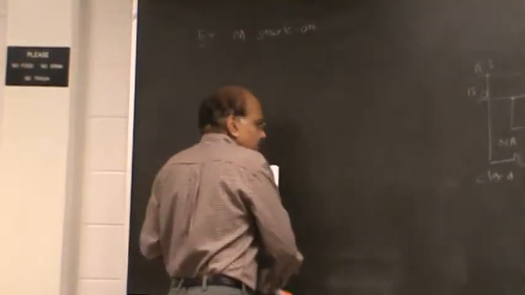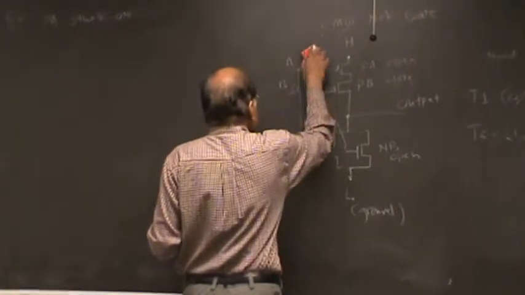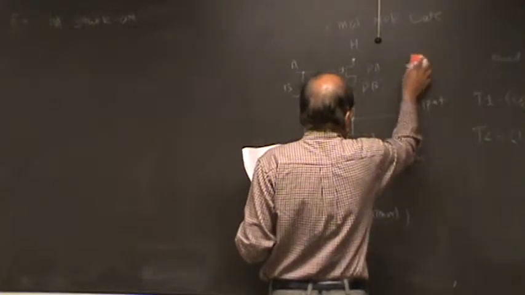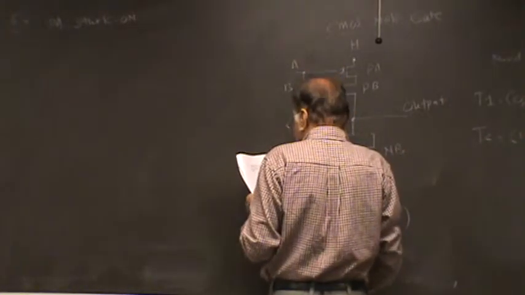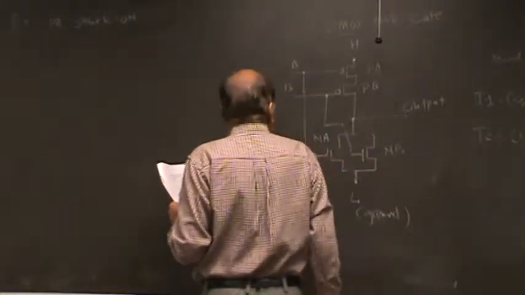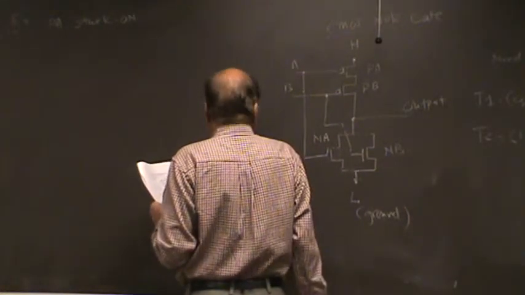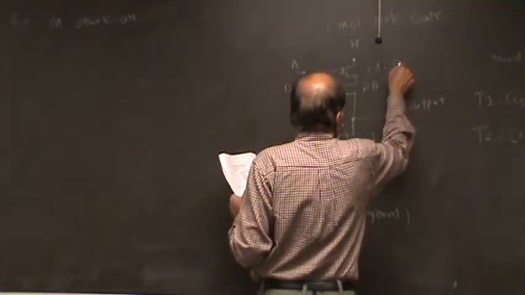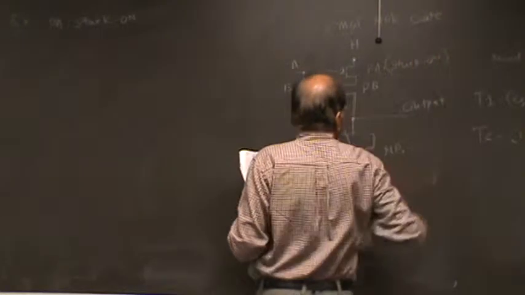Okay, so this is the situation. Actually, I should have drawn a different diagram, so if you're taking notes, you could copy that. So let's assume that PA is stuck on. So this here is now stuck on.